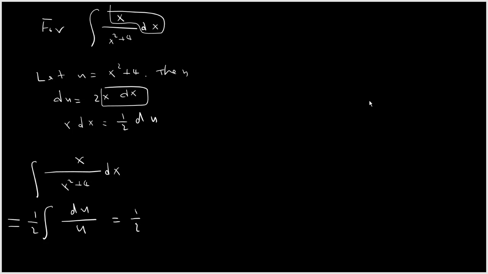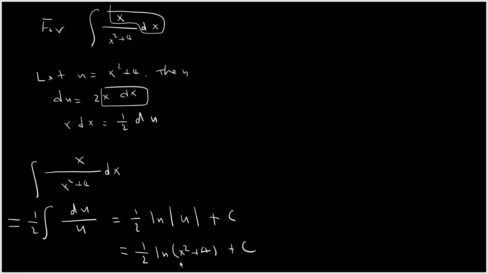For this one, I think it's half of... Now we have a handy formula for this. Half of natural log of absolute value of u, right? And then plus c. In terms of x, it's going to be half of natural log of absolute value of x squared plus 4, and then plus c. Anybody want to tell me why I can get rid of the absolute value notation?